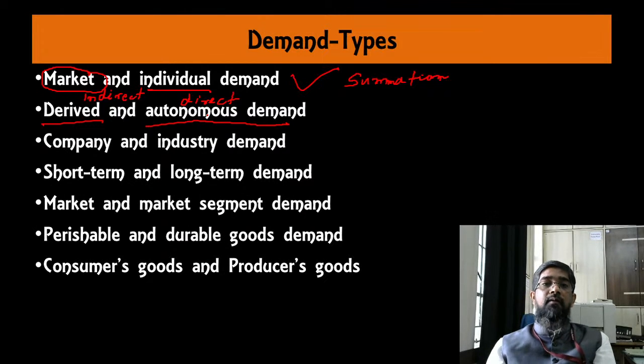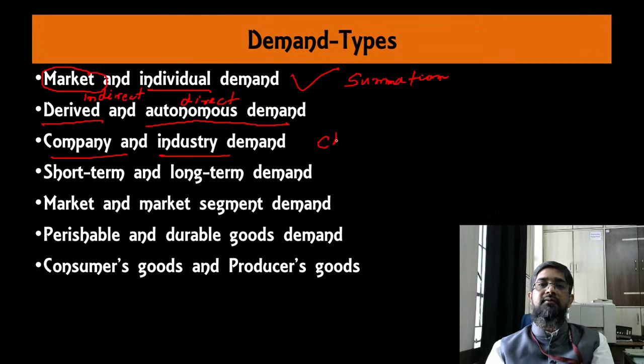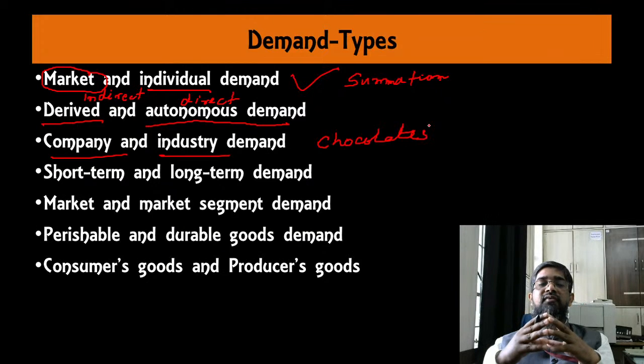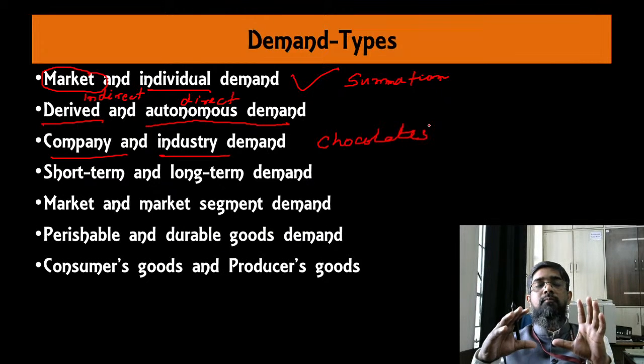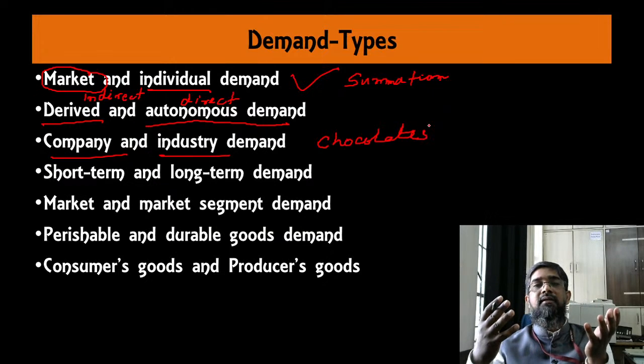Okay, now moving on to company demand and industry demand. Say for example chocolates. ठीक है, chocolates are manufactured by many companies, है ना, many companies. So if it is Cadbury, the demand for Cadbury will be known as company demand.